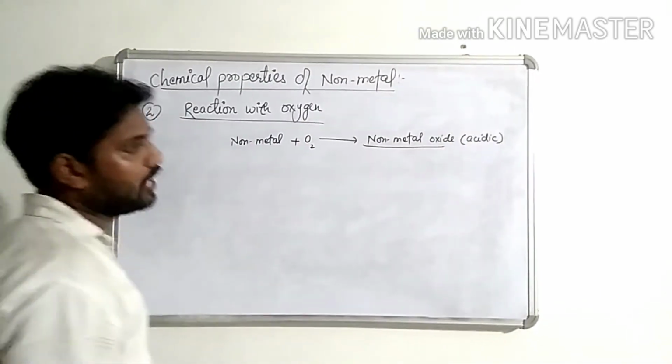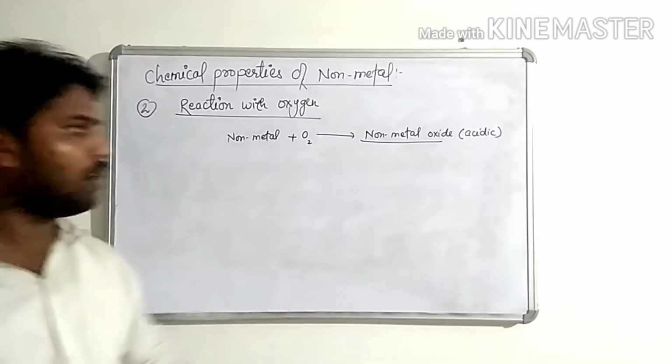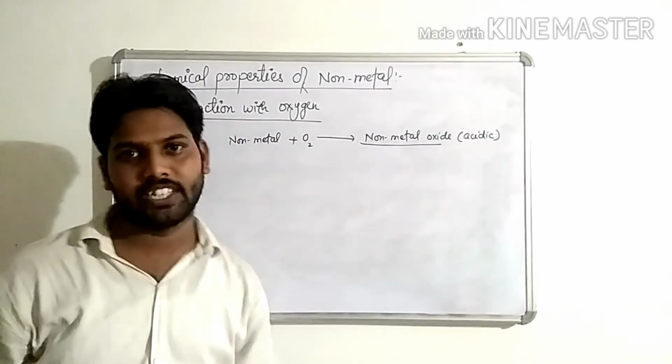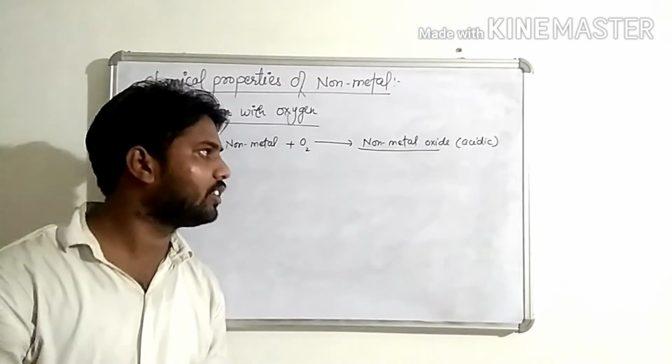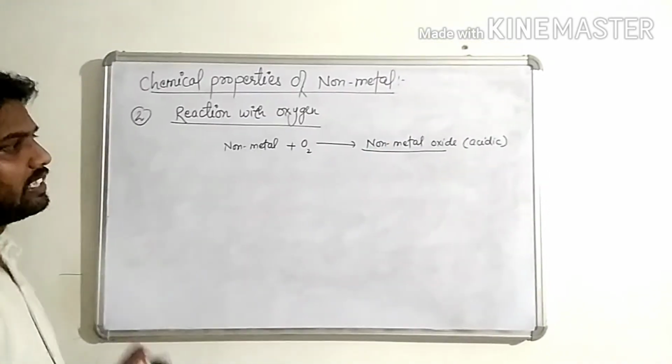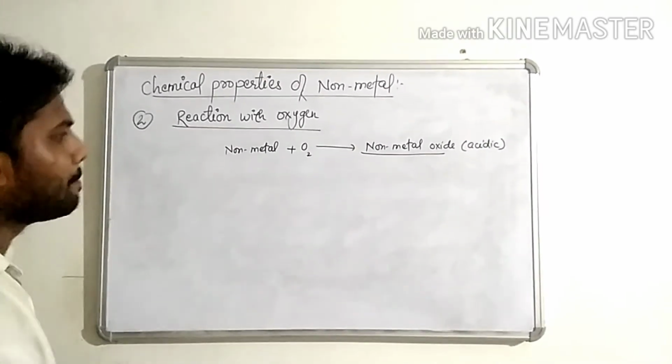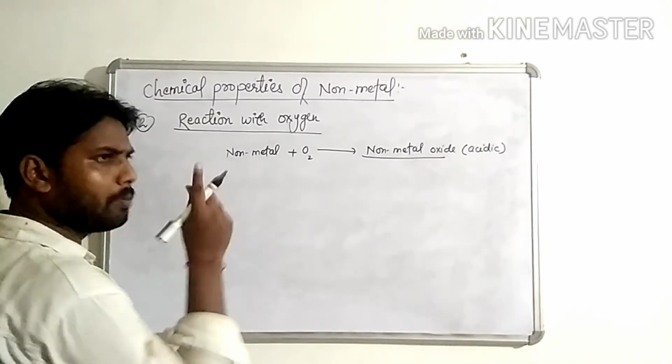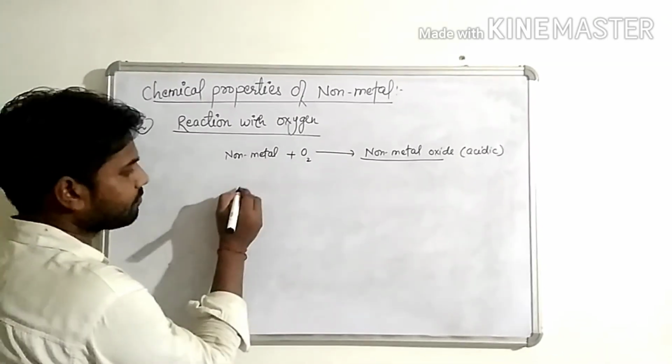Now children, I know you are thinking, sir, how is the nonmetal oxide acidic in nature? So I will explain, children. Let us take an example to understand this. Suppose I am taking one nonmetal, carbon.